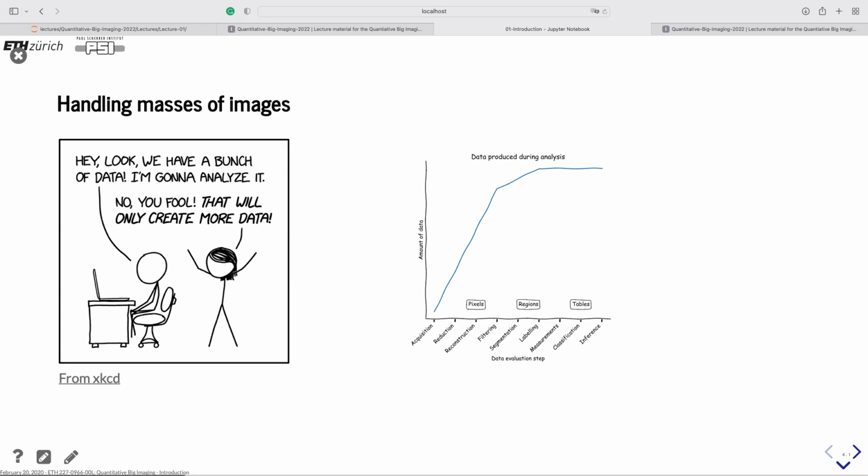Labeling is about the same, depending on how many items you have. Maybe you can work with 8-bit, maybe you have to go to 16-bit, I don't know. But anyway, there is also some increase. But when you start doing measurements and classification inference, then you work on tables. And that's extremely reduced data amounts. And then you can see this curve flatten out.